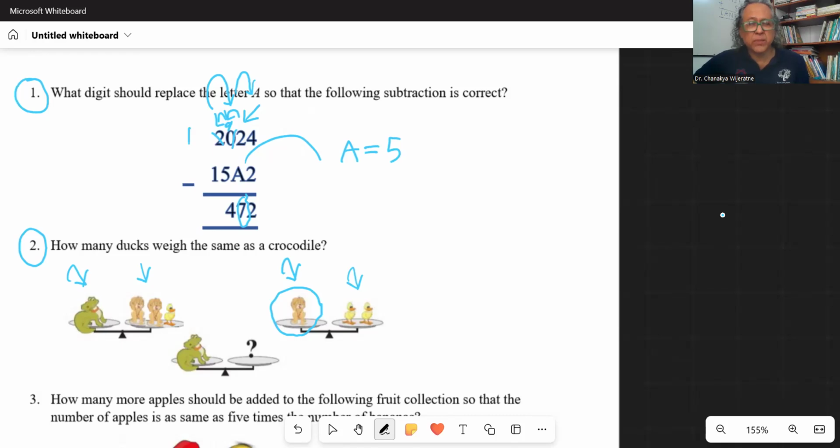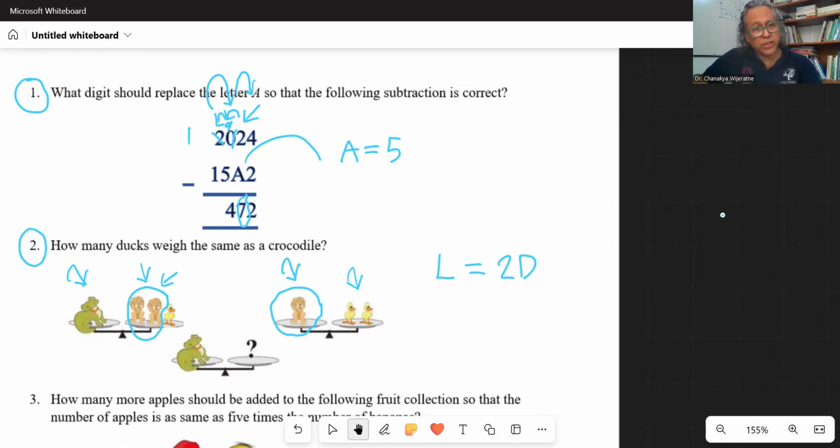So we can even write something like this, which helps you in higher grades. L is equal to 2D. It looks very unusual, but these things become usual in the higher grades. One lion weighs the same as two ducks, and there are two lions here, so these two lions weigh the same as four ducks.